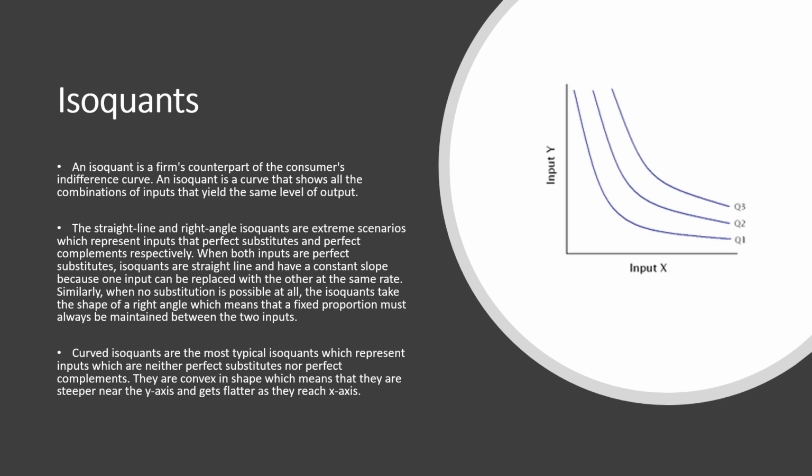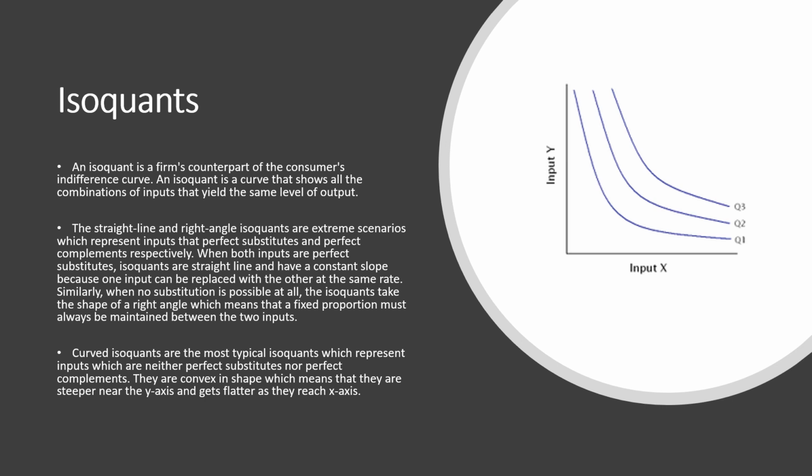And then perfect complements would be the right angle, where they don't substitute for each other at all. So for perfect substitutes, sorry, the isoquant is a straight line and has a constant slope because one input can be replaced with the other at the same rate.